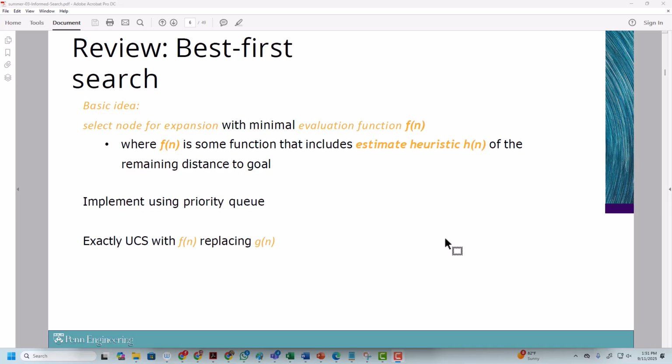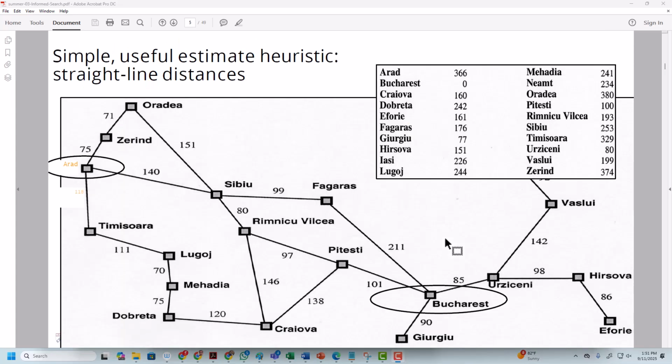For the Romania map problem, we use the straight-line distance heuristic, or h_SLD, the straight-line distance from any city to Bucharest. See here in this table, Bucharest to Bucharest distance is 0, and the other distances are straight-line distances, or as-the-crow-flies distances, from individual cities to Bucharest, like Arad to Bucharest 366 miles, Craiova to Bucharest 160 miles, and so on.